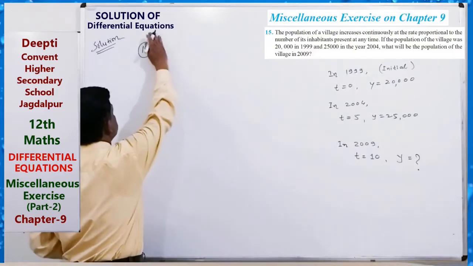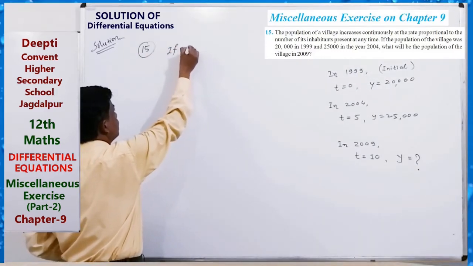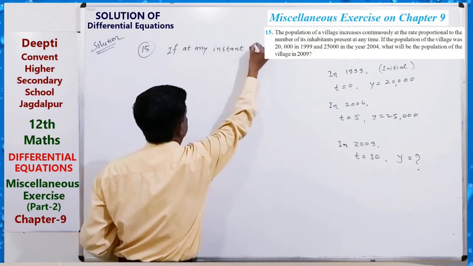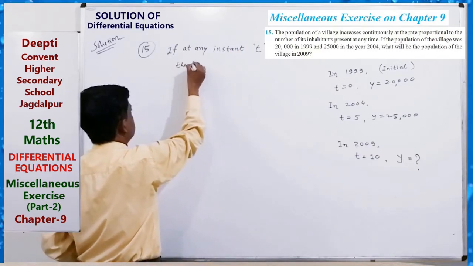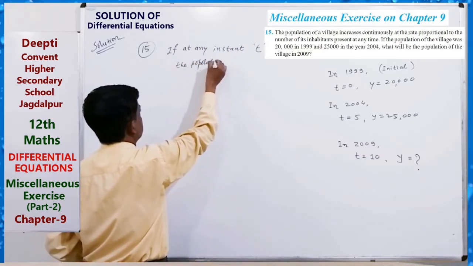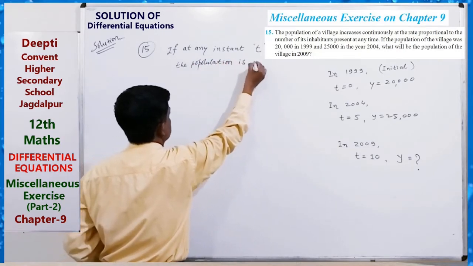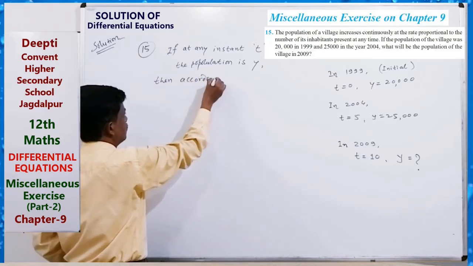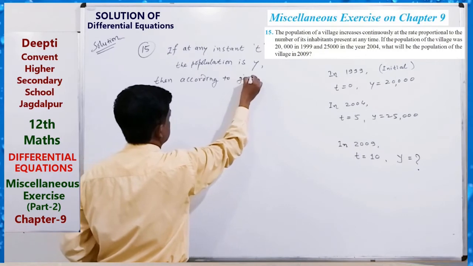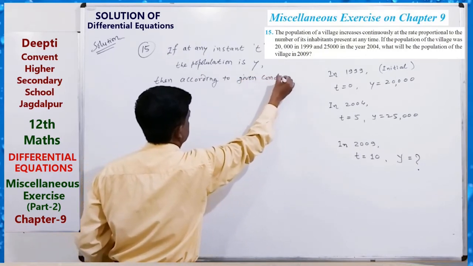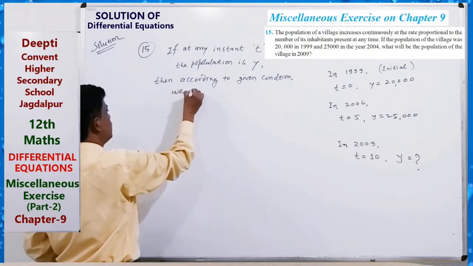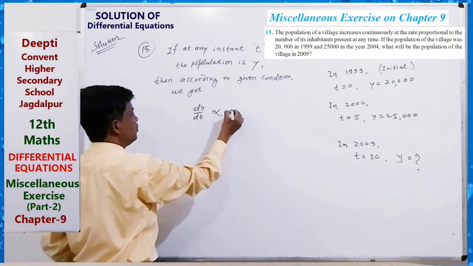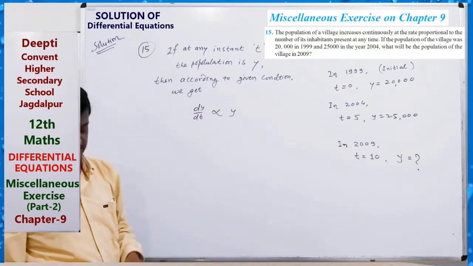So, in question 15, if at any instant t the population is y, then according to the given condition, we get dy upon dt is proportional to y.